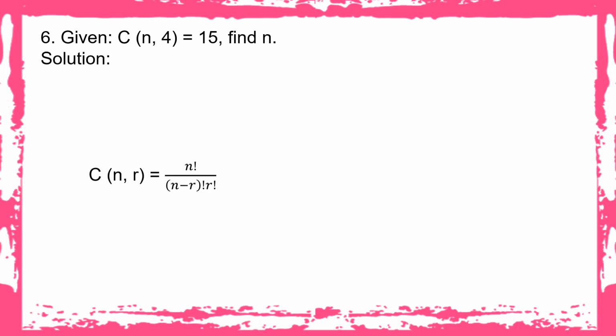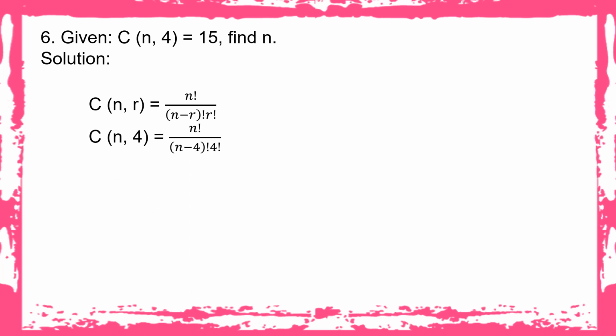Example number 6. Given combination of n taken 4 is equal to 15, we need to find n. And how can we find n? So this is one way on how to solve for the value of n. Of course, we need to use the combination formula.